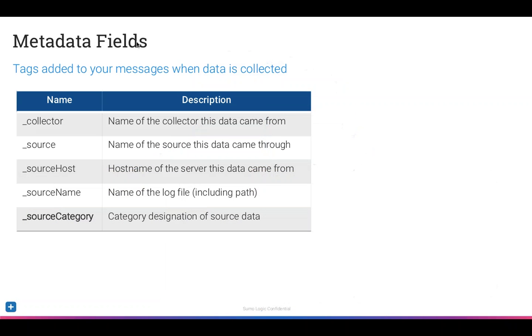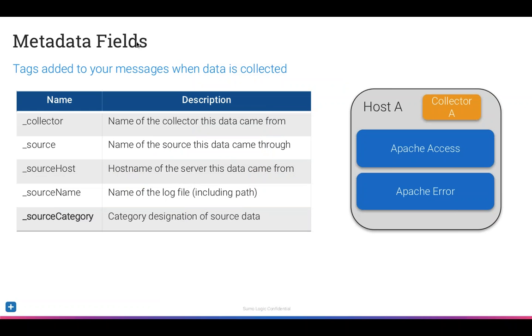Now, one thing to keep in mind is that every single message that gets sent to Sumo Logic gets tagged with these five metadata fields. I'm going to use this example on the right-hand side. Collector is the name of the collector that data is coming from. So if you named it collector A, it would have the name collector A in here. Your source is the name of the source this data is coming through.